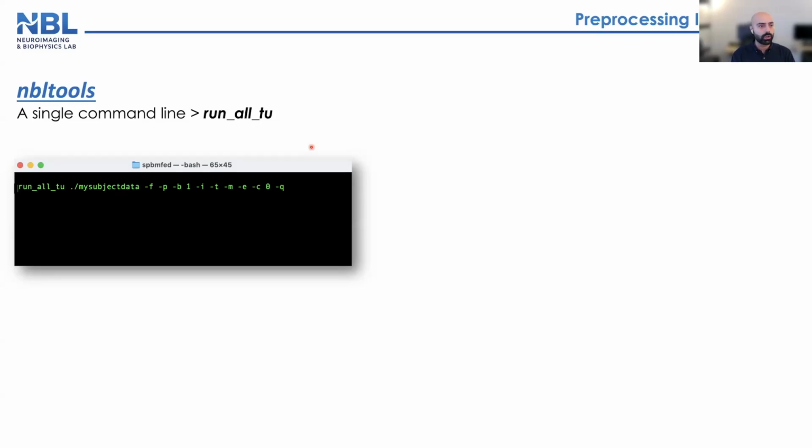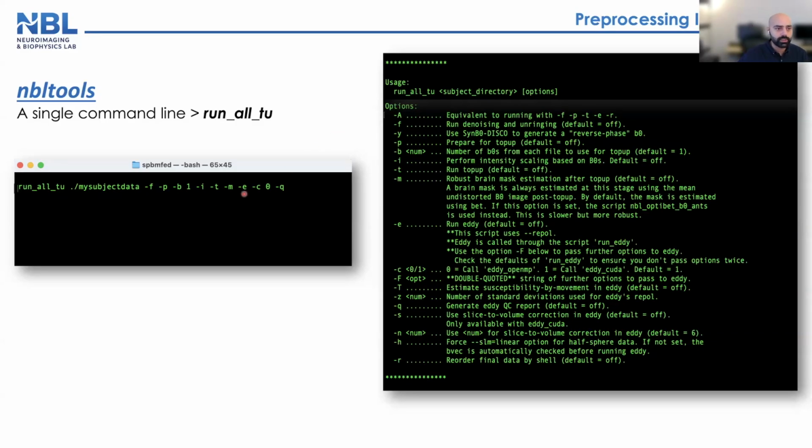To understand what the tool requires and what each option looks like, you can just type in the name of the tool, run all, you hit enter, and then you get the help message that explains what each option is and what it requires.